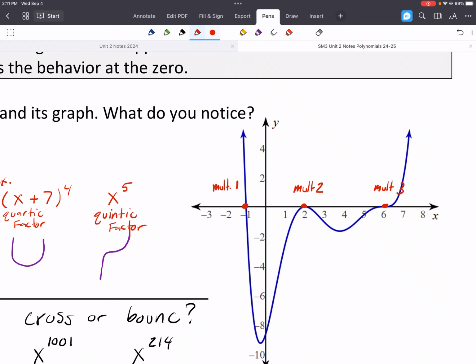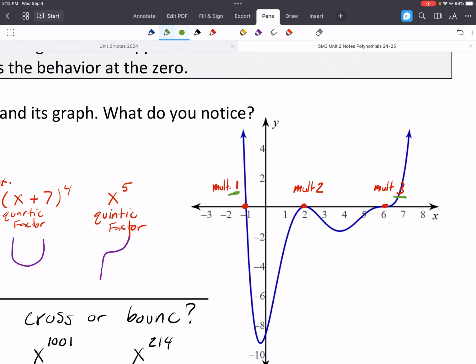Okay, so we're discovering how the multiplicity affects the behavior of your graph. First off, you should notice that when we have odd multiplicity, the graph goes through the x-intercepts.